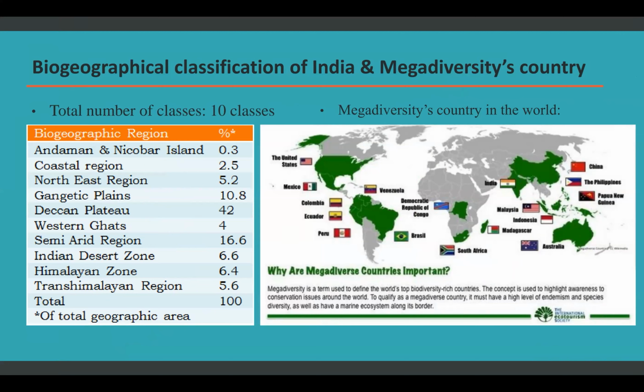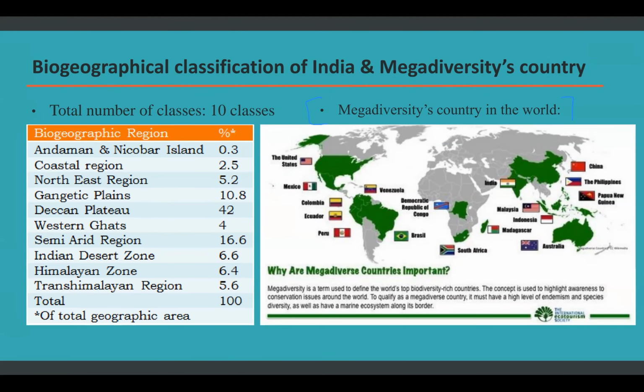So here the biogeographical classification is shown that you can see on your screen. If you look at the whole world, see on the left side of your screen, and then we have the biogeographical regions on the other side. There are a total of 17 megadiversity countries in the world.